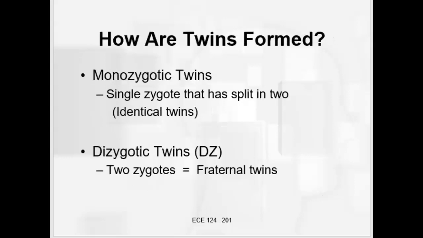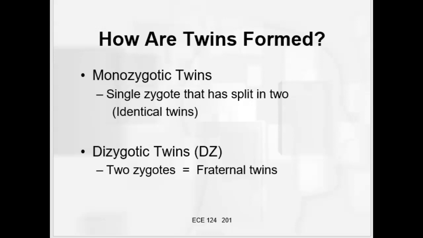So how are twins formed? Well, when a cell becomes fertilized, it becomes a zygote. Monozygotic twins are when one cell is fertilized, and during cell division, for some reason, it splits into two separate developing embryos. Therefore, you have identical twins.